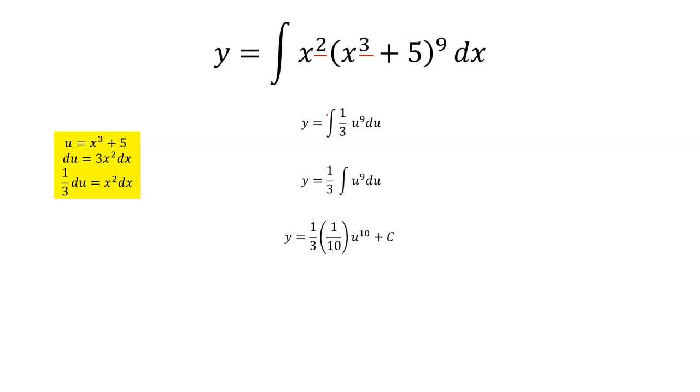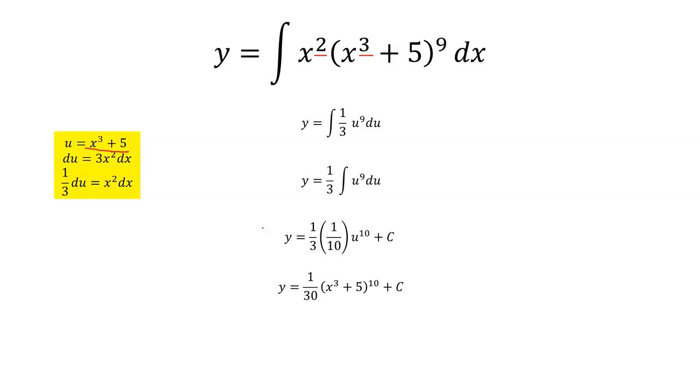So we end up with 1/3 times 1 over 10 times u raised to the 10th power plus c. So we do the arithmetic. 1 over 3 times 1 over 10 is 1 over 30. And back substitute the value of u, which was x cubed plus 5. And we have that plus c.